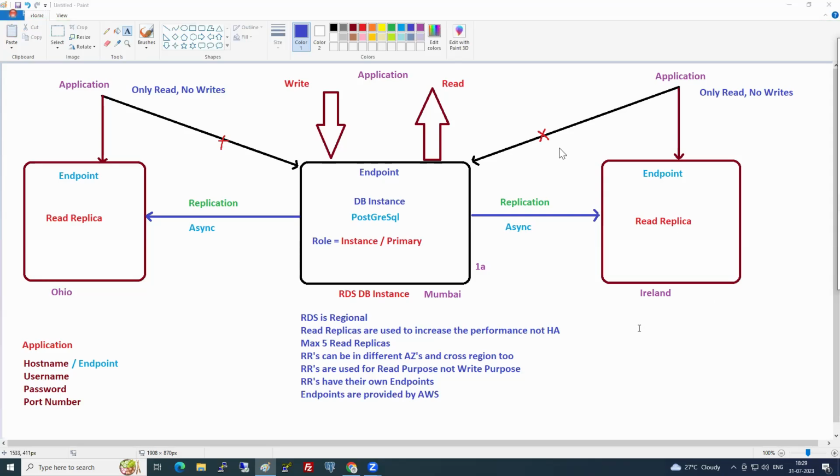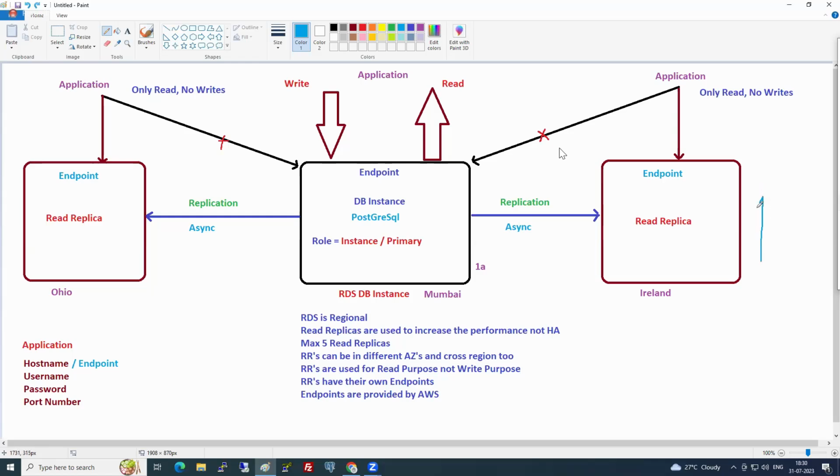Okay, now let's say, for example, this is my read replica, and it is getting replicated from here to here. But I don't want this read replica anymore. I want to have this machine as a standalone machine. Can you promote this read replica to a normal instance? The answer is yes.